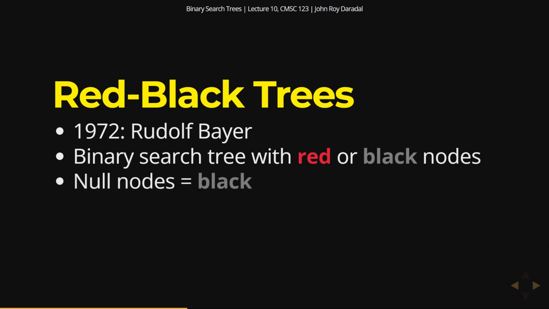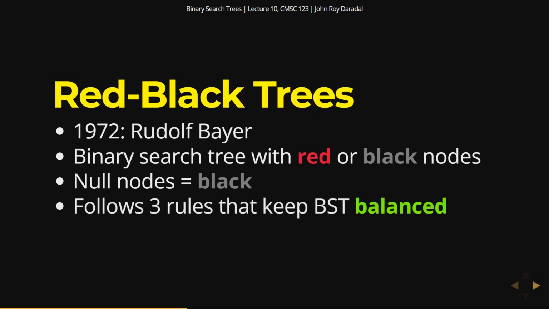Now if you have null nodes, those are considered black, but for simplicity, I won't show you the null nodes in the trees so that we can keep our illustration simple. But just imagine that if the null nodes are there, they would be black as well.